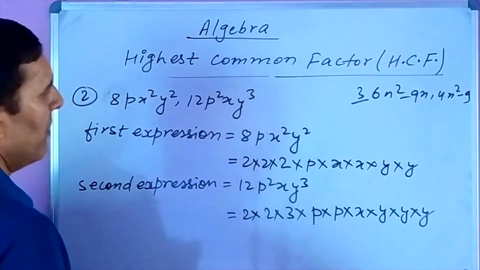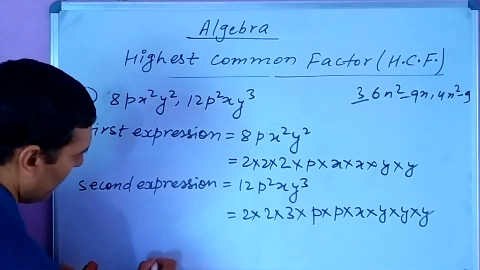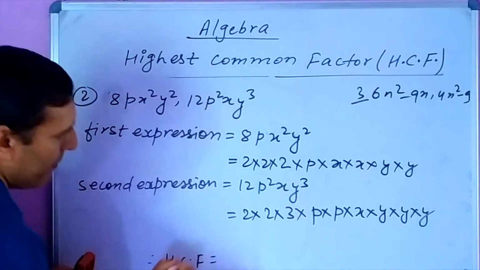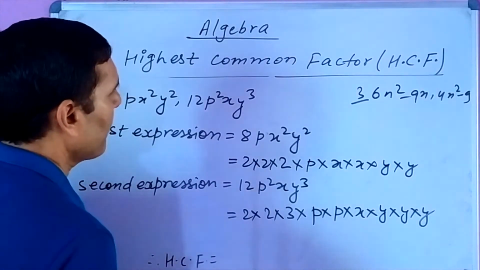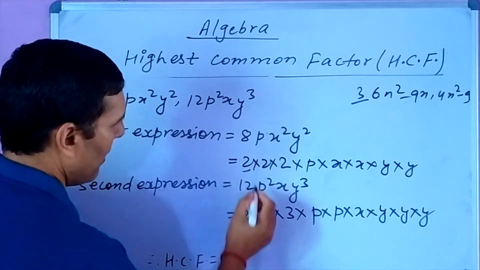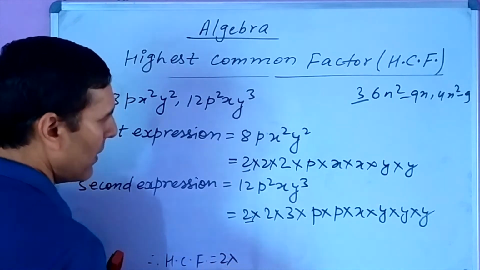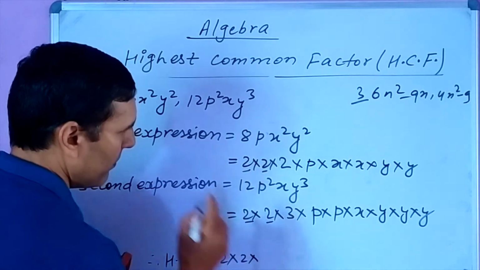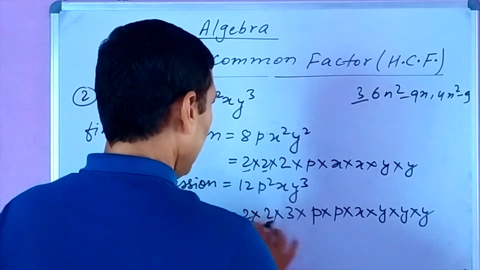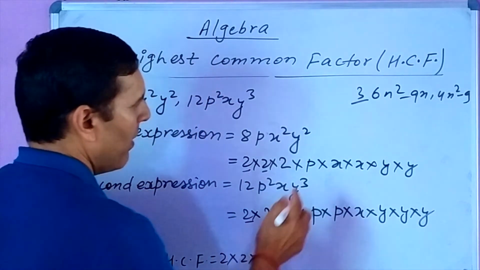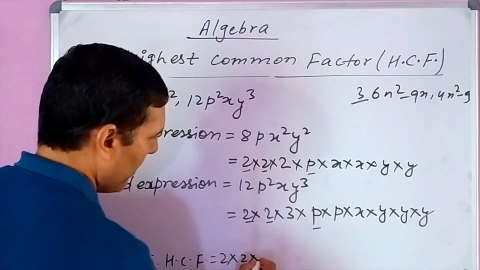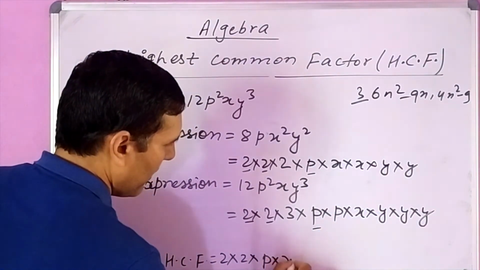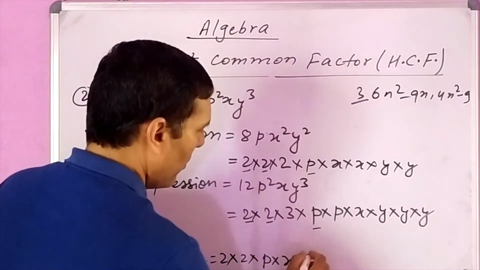So what are the common factors in these two expressions? The product of the common factors will be the HCF. We can see one 2, and another 2 also, and in the number this much only, and we have one p common there, and one x common there, and 2 y's are common.